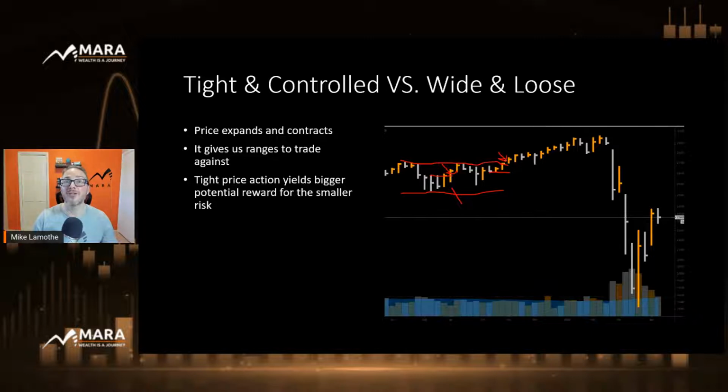If you are entering over here and your stop is over there, you could buy with much bigger size and risk the same amount than if you bought back here, right? Because the distance between your entry price and your stop loss is much smaller over here than it is over there. Does that make sense to everybody? This is good stuff.